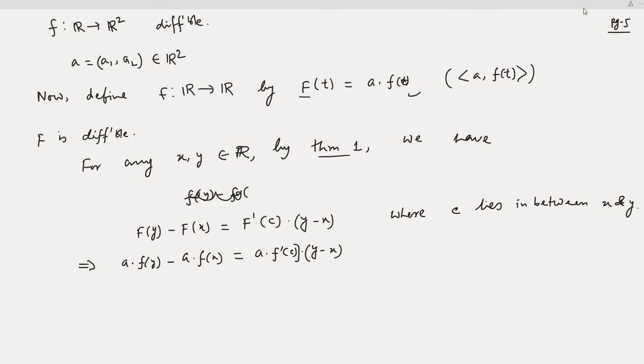Here it is a dot product, and this is a real number and this is a real number, so this is a product of scalars.